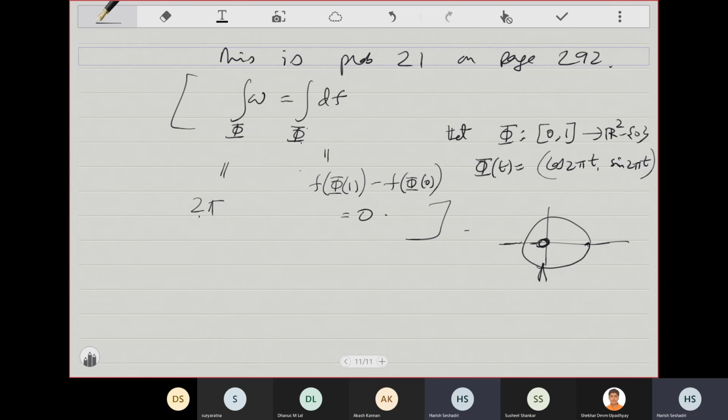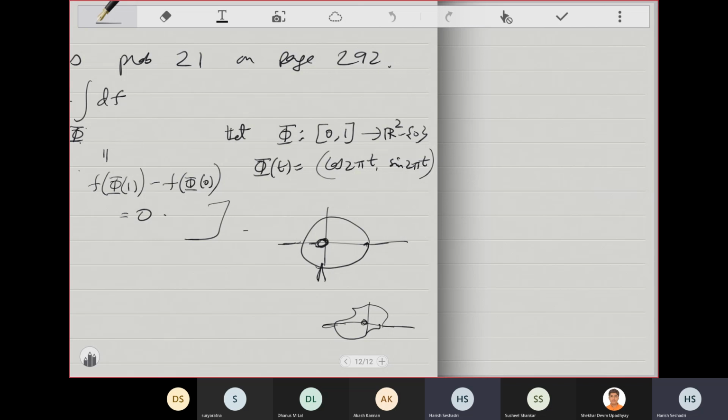If you integrate it on any closed curve which encloses this missing point, the hole should be inside. If the hole is inside this closed curve, then again the left hand side will be non-zero, the right hand side will be zero. That's what will happen. But with the circle, you can directly do it and you'll see this.